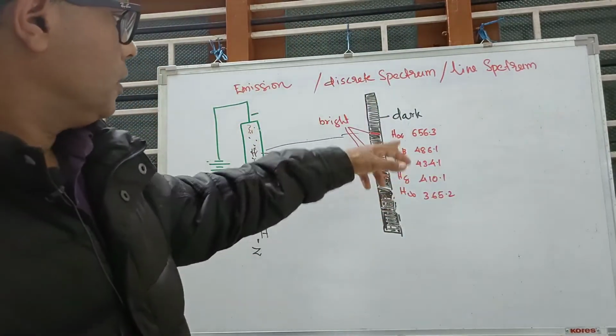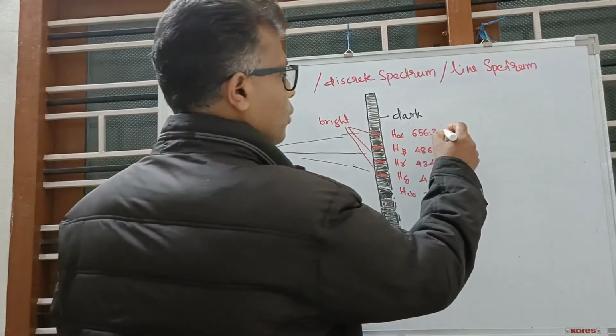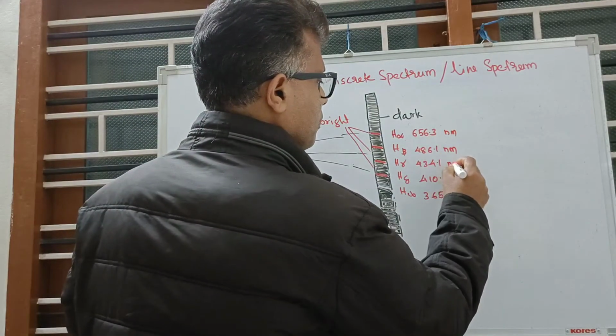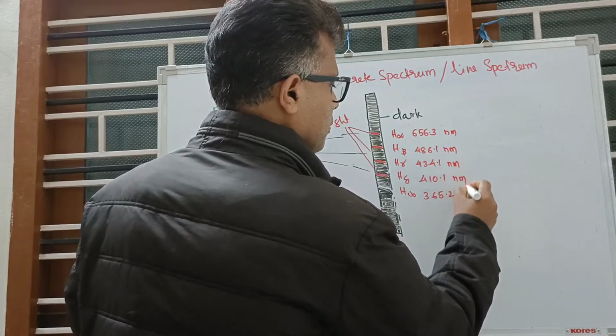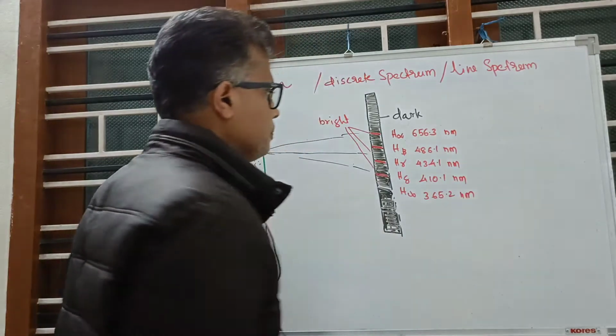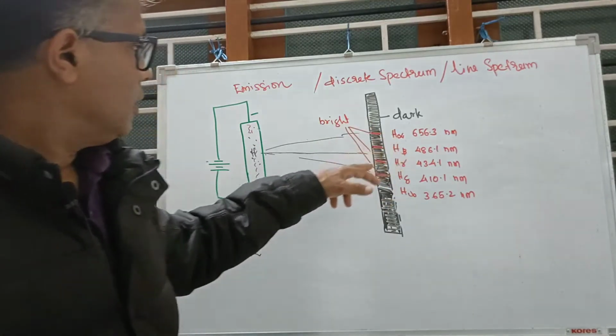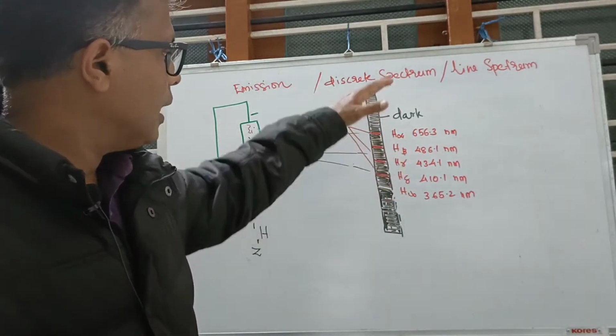Now you see, these are the wavelengths in nanometers. These are H alpha, beta, gamma like that.